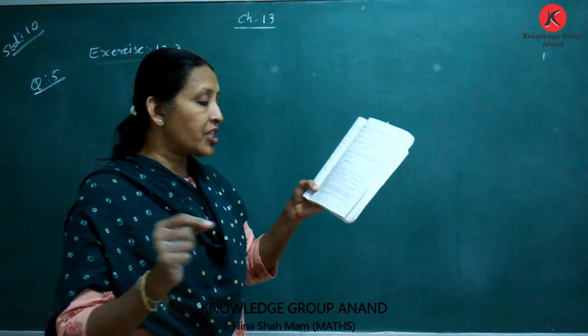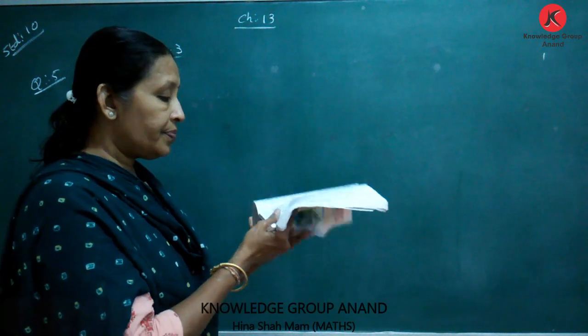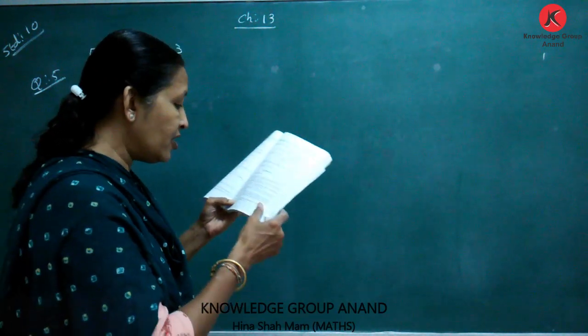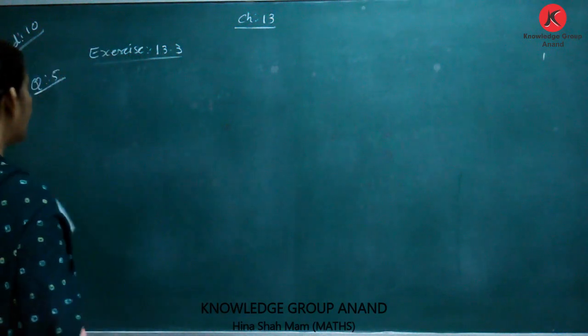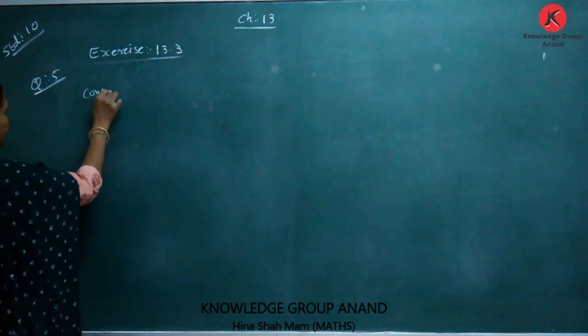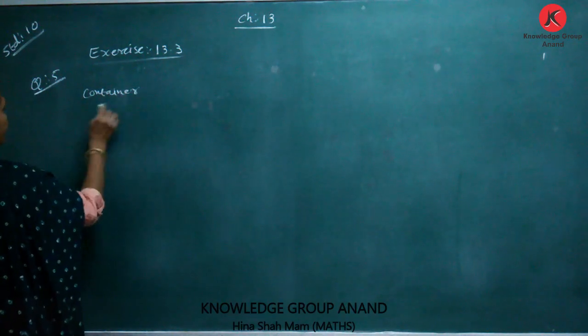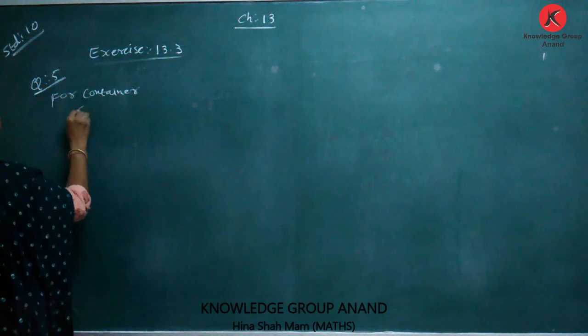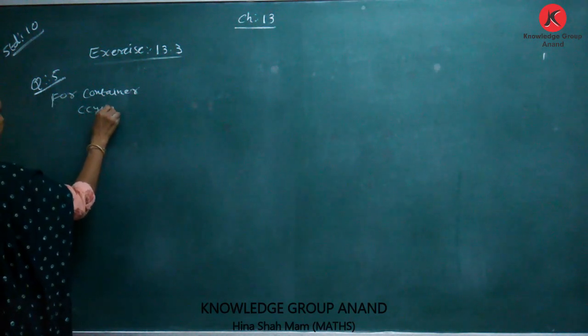A container shaped like a right circular cylinder having diameter. There is a container. For the container, which shape is it? Cylinder.